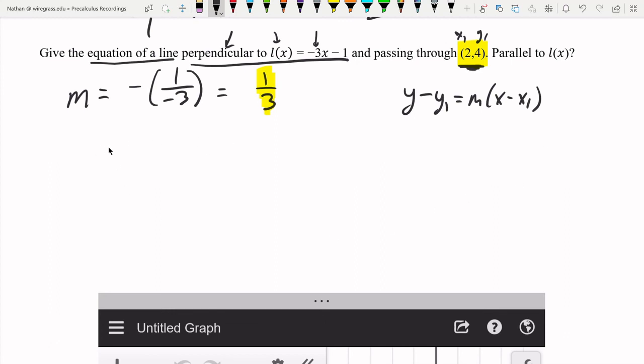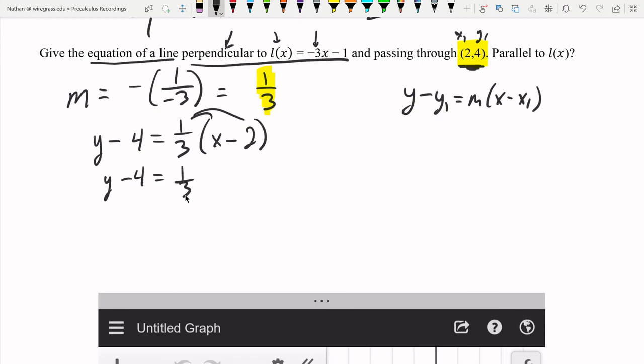That's going to be y minus y1, which is 4, equals m, which is 1/3, times x minus x1, which is 2. And solve for y, of course. We don't want the point-slope form. We want the slope-intercept form. And 4 is the same thing as 4 over 1, so multiply by 3 over 3.